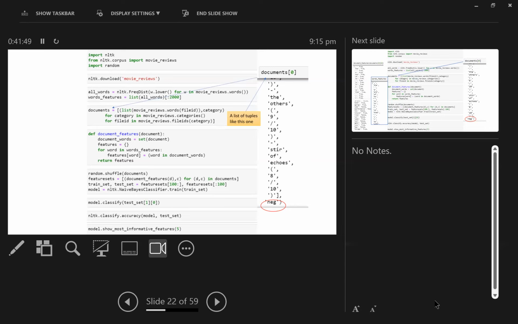Okay, so what we are going to do here is create the training data set. For each of the documents, it will create the 2,000 array, and for each of the words in the array, it will set it to true if that word is in the document, and false if it is not.